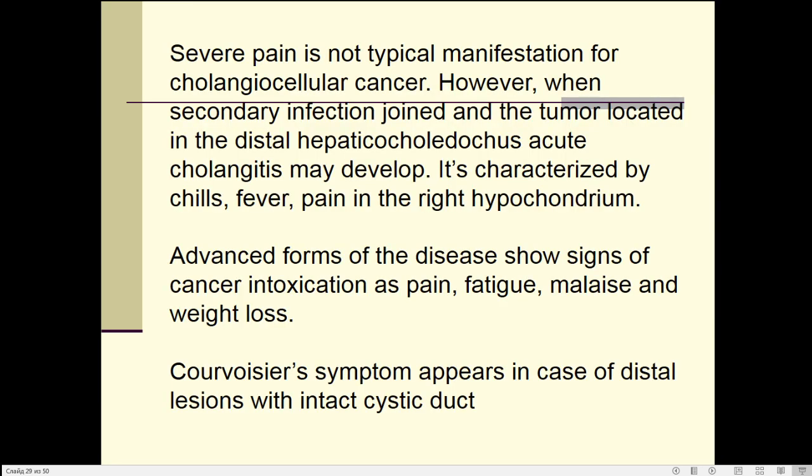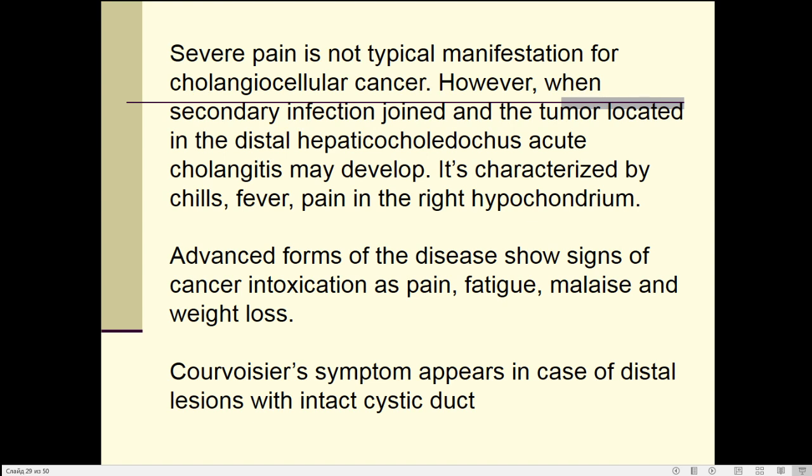Severe pain is not a typical manifestation for cholangiocellular cancer. However, when secondary infection joins and the tumor is located in the distal part, acute cholangitis may develop.